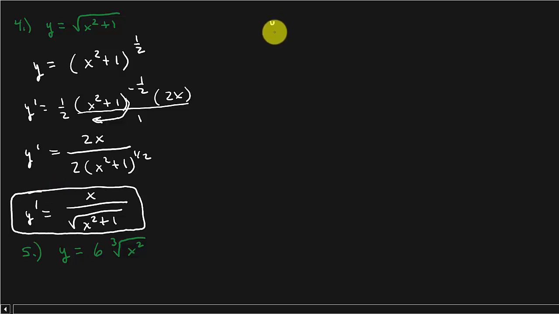So let's write the problem down again. All right. So we got y prime is equal to, draw your fraction bar. In the denominator, put a 2. It's always going to be a 2.